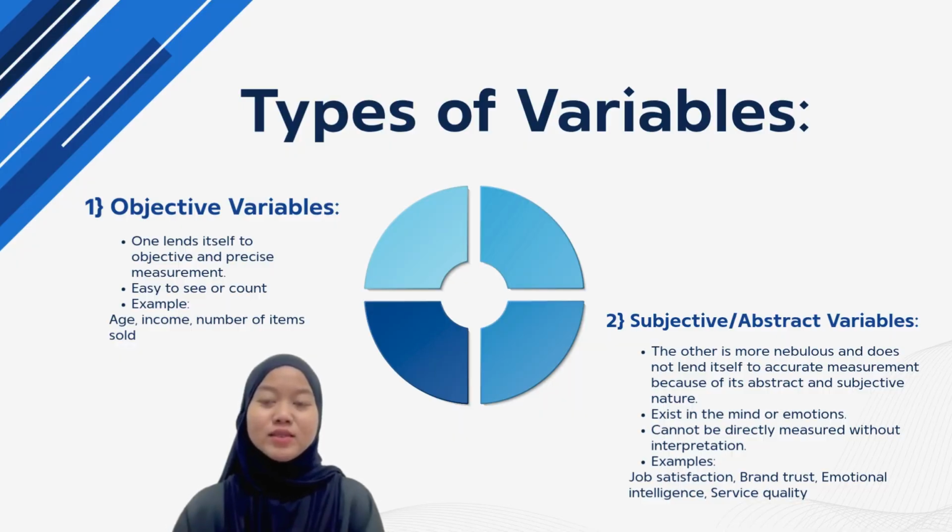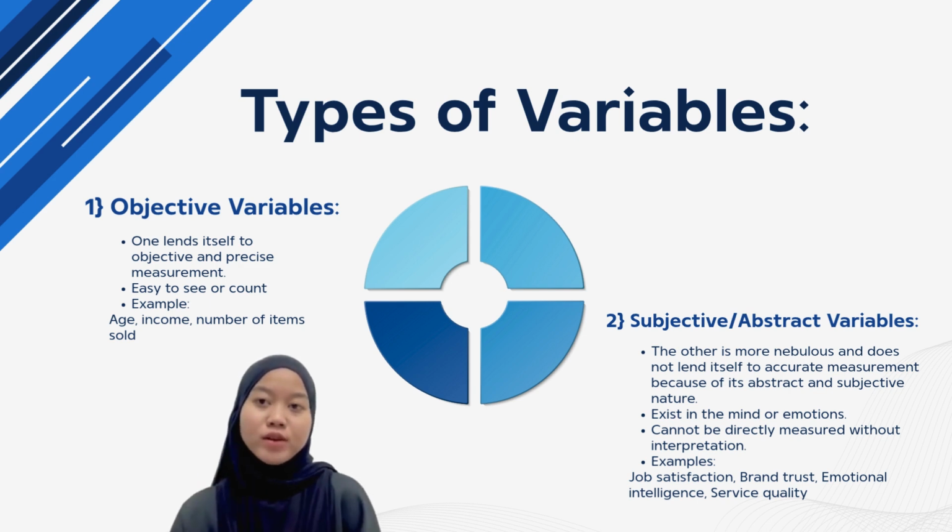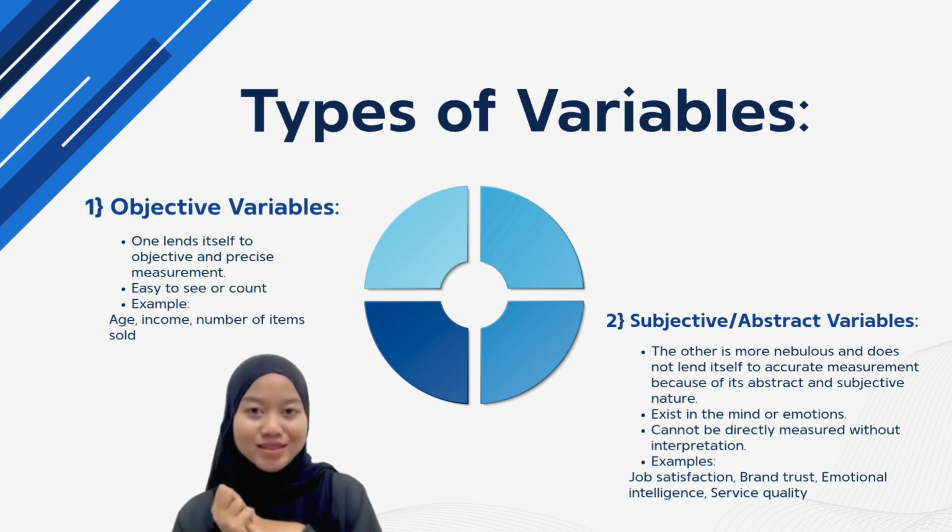Okay, next is types of variables. There are two types of variables, which are objective variables and subjective or abstract variables. Objective variables lend themselves to objective and precise measurement, and they are easy to see or count, for example age, income, and number of items sold. The other type is more nebulous and doesn't lend itself to accurate measurement because of its abstract and subjective nature.